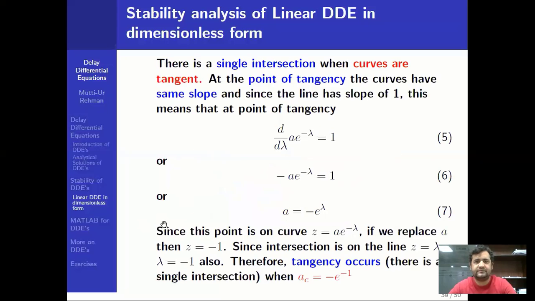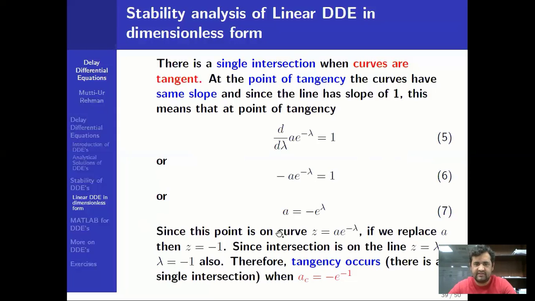So when curves are tangent, we have a single intersection, which is at the point of tangency, where the curves have the same slope. For the line, the slope is 1, and from this, at the point of tangency, we will get the following expression for the parameter A in terms of the eigenvalue lambda, which is real in this particular case.